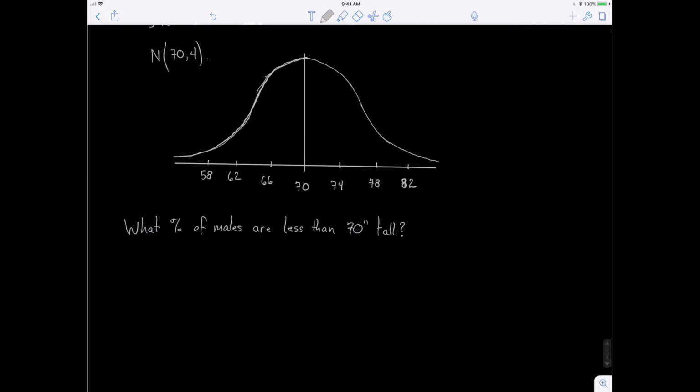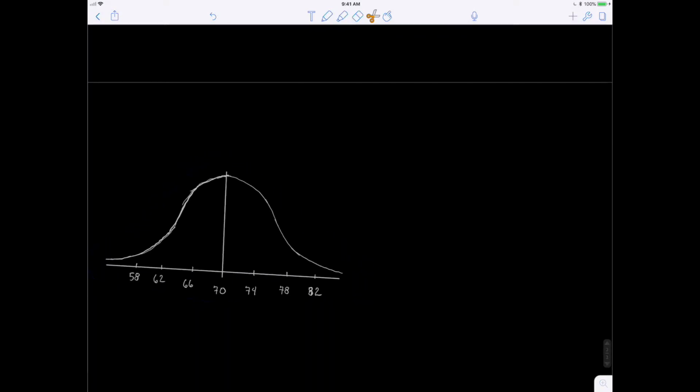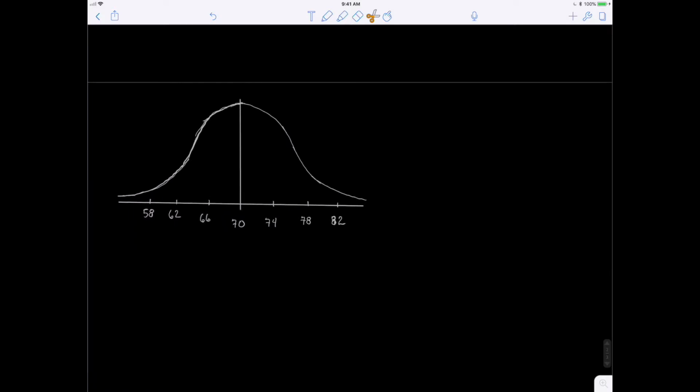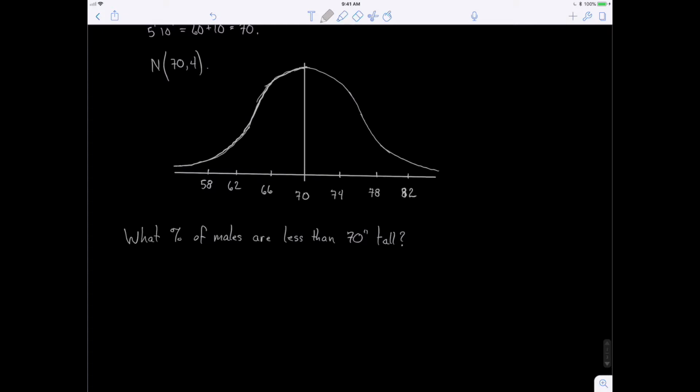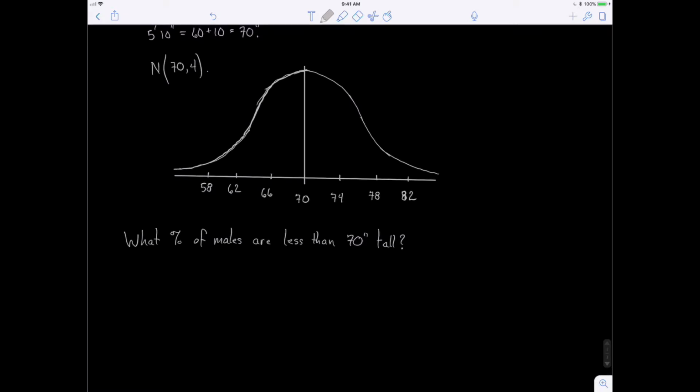This is a nice picture, so we don't have to draw it too many times. I'm going to copy it and bring it down here so I can use it again. Now, what percentage of males are less than 70 inches tall?